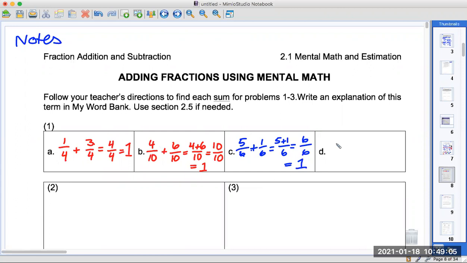And then 9 out of 16 plus 7 out of 16. Same denominator, keep the denominator, 9 plus 7. 9 plus 7 is 16 out of 16, which is equal to 1.